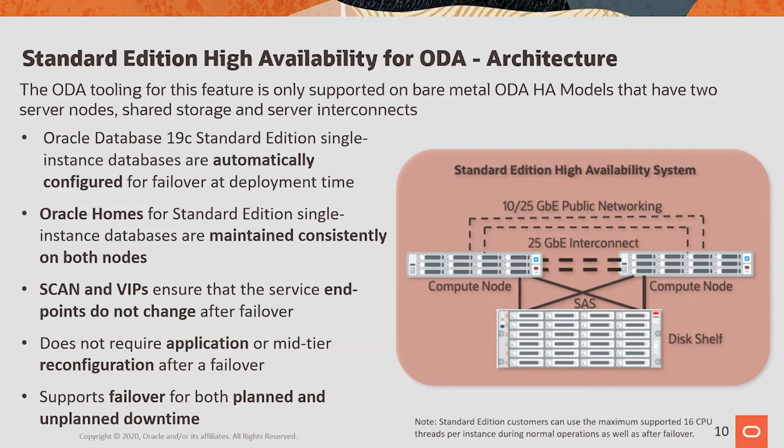So single instance 19c databases, and the important emphasis here is on single instance, are automatically configured for failover at deployment time, and that means that the Oracle homes for the single instance database are maintained consistently from node to node, as well as SCAN and VIP addressing and that sort of thing, so that there's not a server endpoint that would change after a failover. And this doesn't require any kind of application changes or any kind of mid-tier reconfiguration to accommodate that failover.